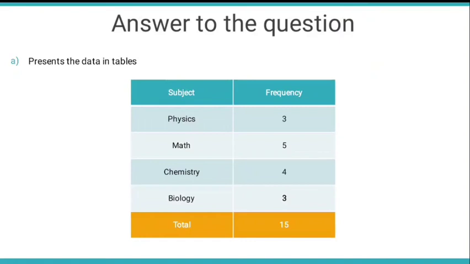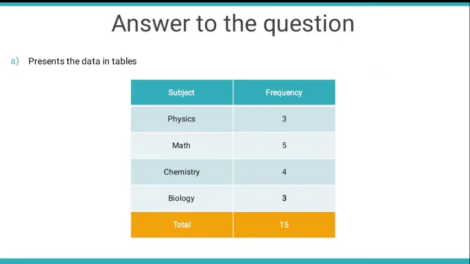And then because Rio, Feby, Vinda, Arif, and Denny like math, the math has 5 frequency. And then because Alfi, Ibnu, Fira, and Hadi like chemistry, the chemistry has 4 frequency.